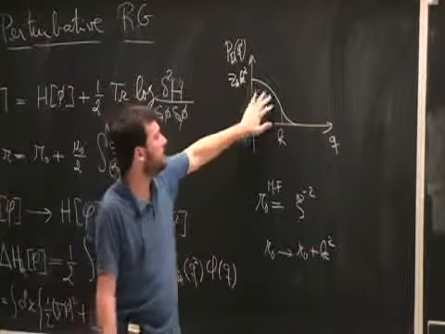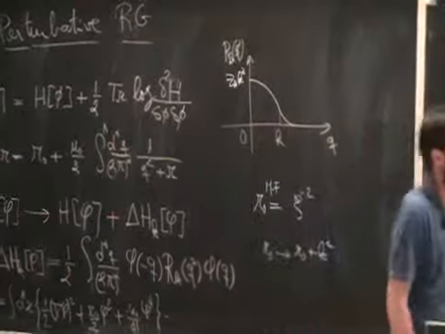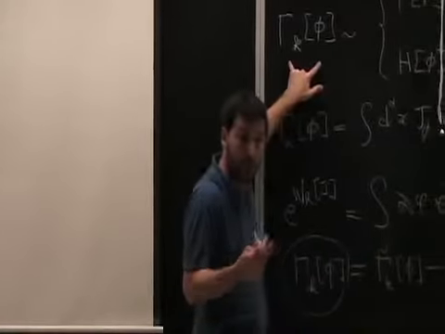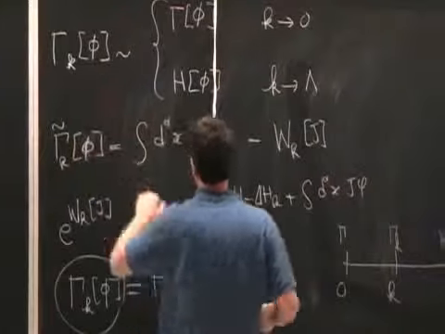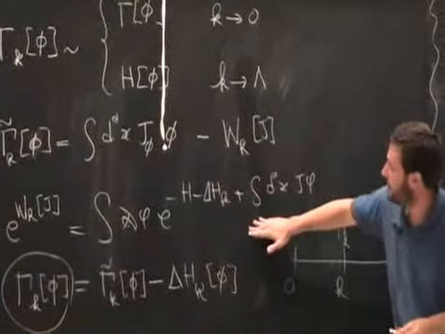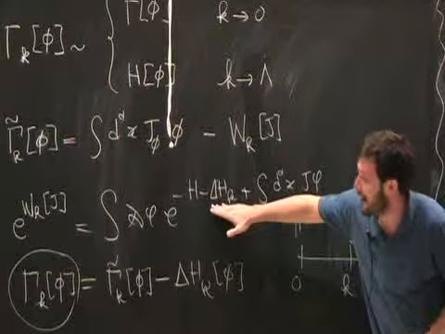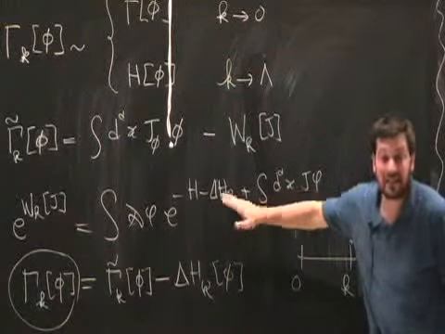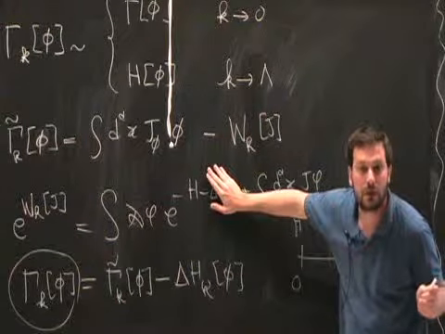Why do I ask it to go rapidly to 0? Because I want to interpret this as an effective action where the modes with q larger than k are included in the path integral. The modes that have momenta larger than k have not been touched. This is negligible for large q.